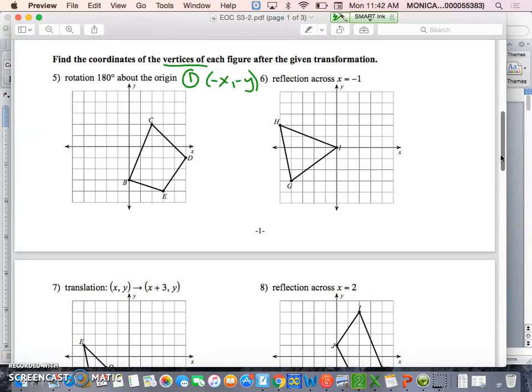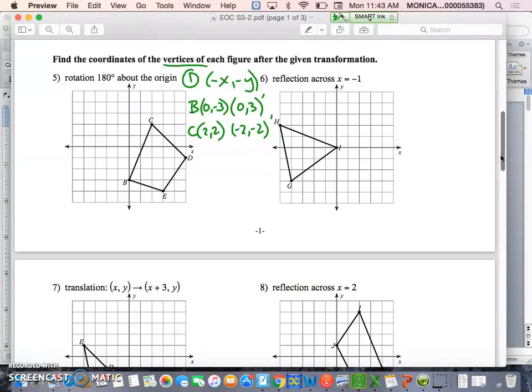And then start with my coordinates. I'll start with B. B is at 0, -3. And it's going to go to 0, 3. That's prime. C is at 2, 2. So it's going to go to -2, -2. And that's prime.